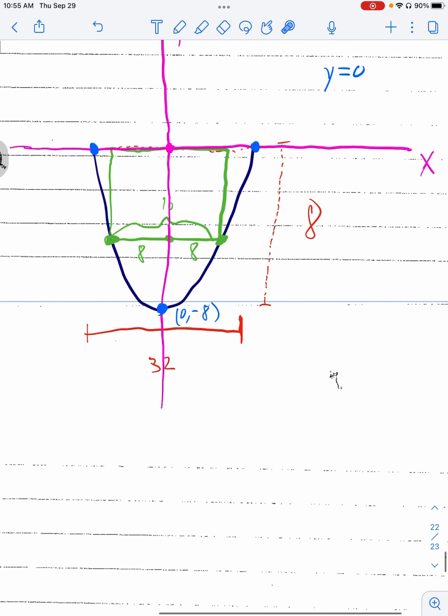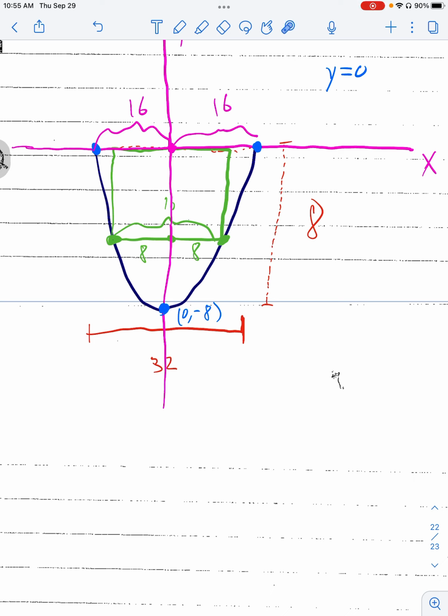How do I come up with those? Well, how far across is our parabola? It's 32. I'm in the middle of the top, so if I go across half the top, I get 16. Both of these are 16 inches across, because my total diameter is 32 and my origin is right in the middle.